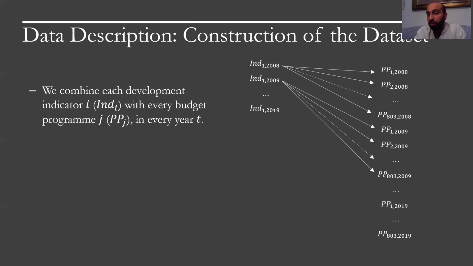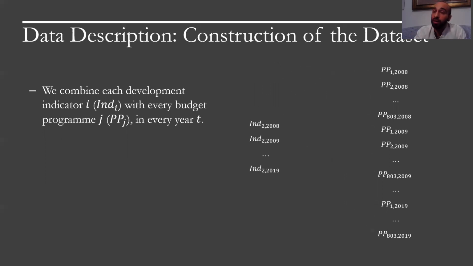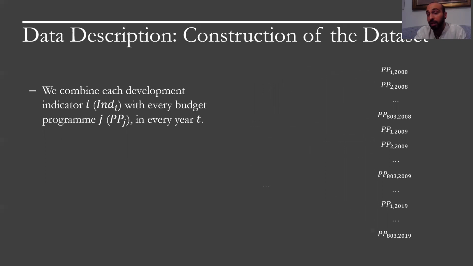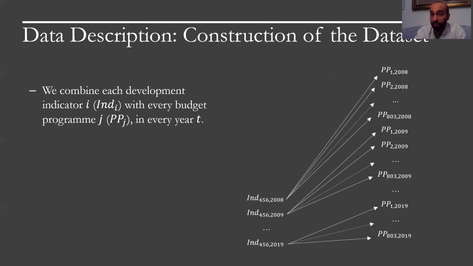Then we move to 2009, and we do the same. And we continue until 2019. Then we move to the second development indicator, and we apply the same strategy. And we do the same for all development indicators in our dataset.